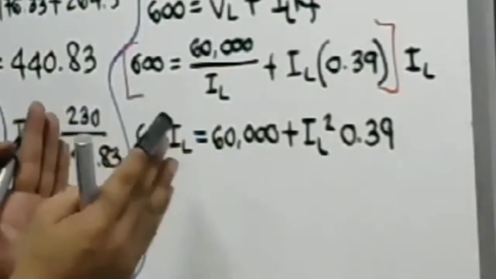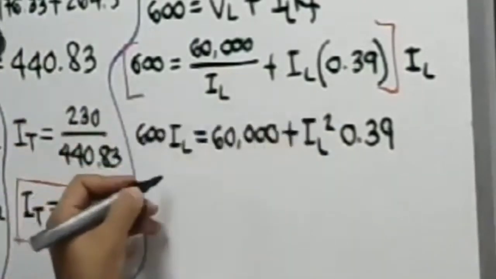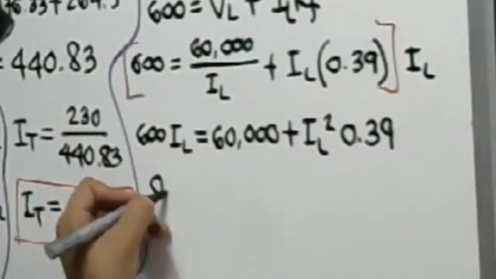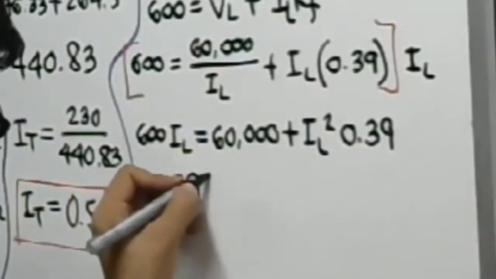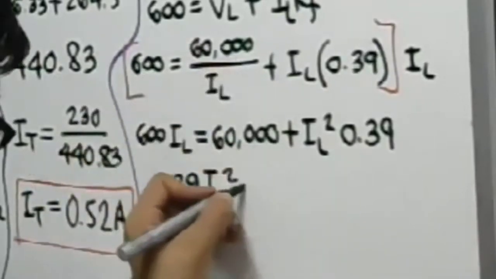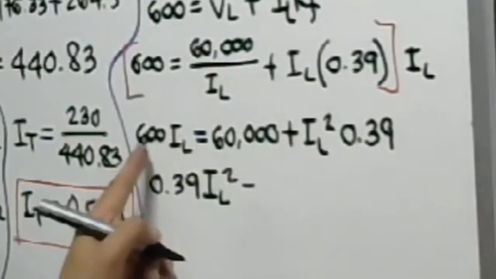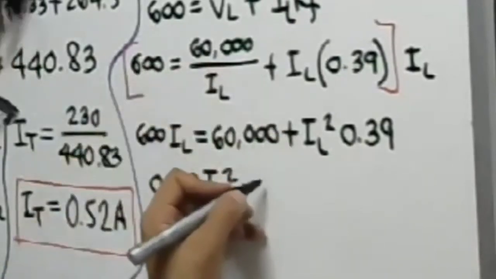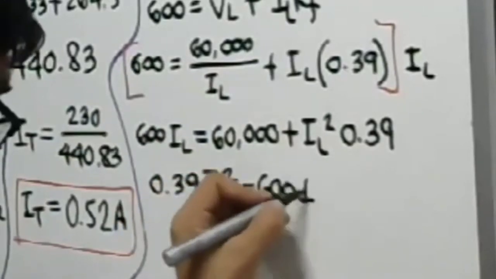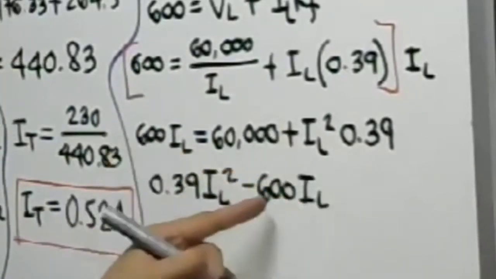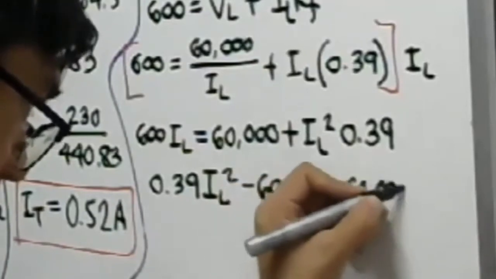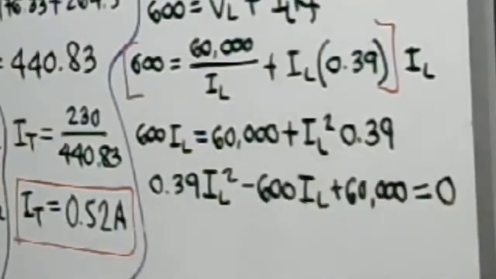Let us form this into the standard quadratic equation. So we have 0.39 IL squared, and then minus 600 IL, transposing this, then plus 60,000 equal to 0.